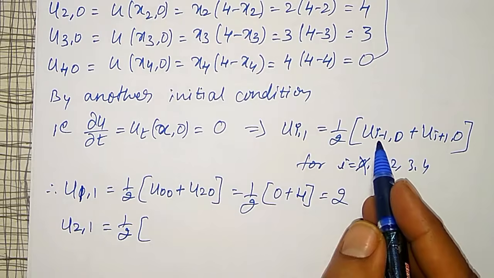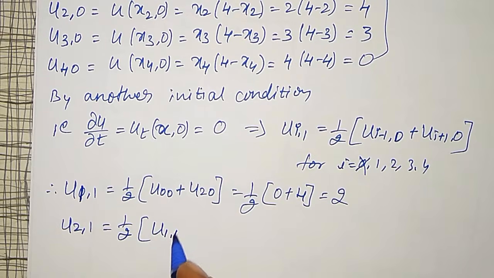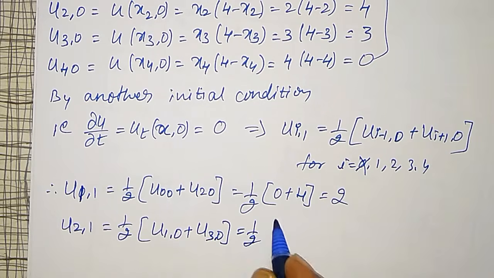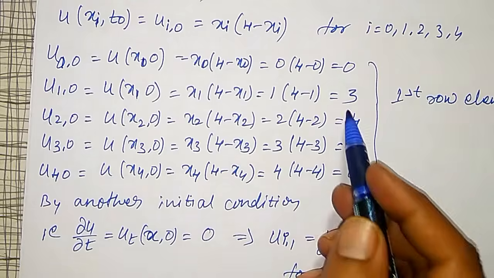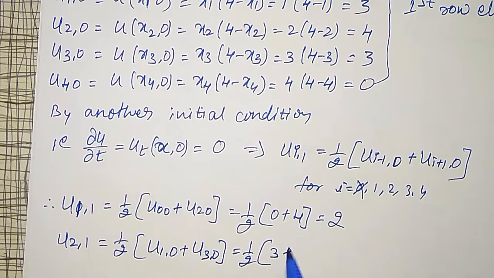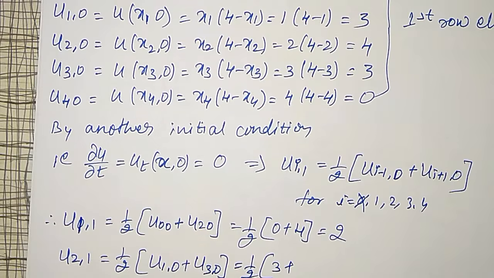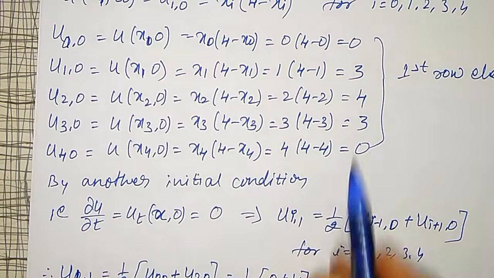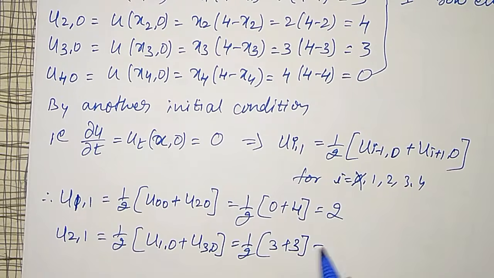Like that, i equal to 2, u21 equal to 1 by 2 times u1 comma 0 plus u3 comma 0, u10 already calculated, that is 3, plus u30 also calculated, that is also 3, 3 plus 3 is 6, 6 divided by 2 is again 3.